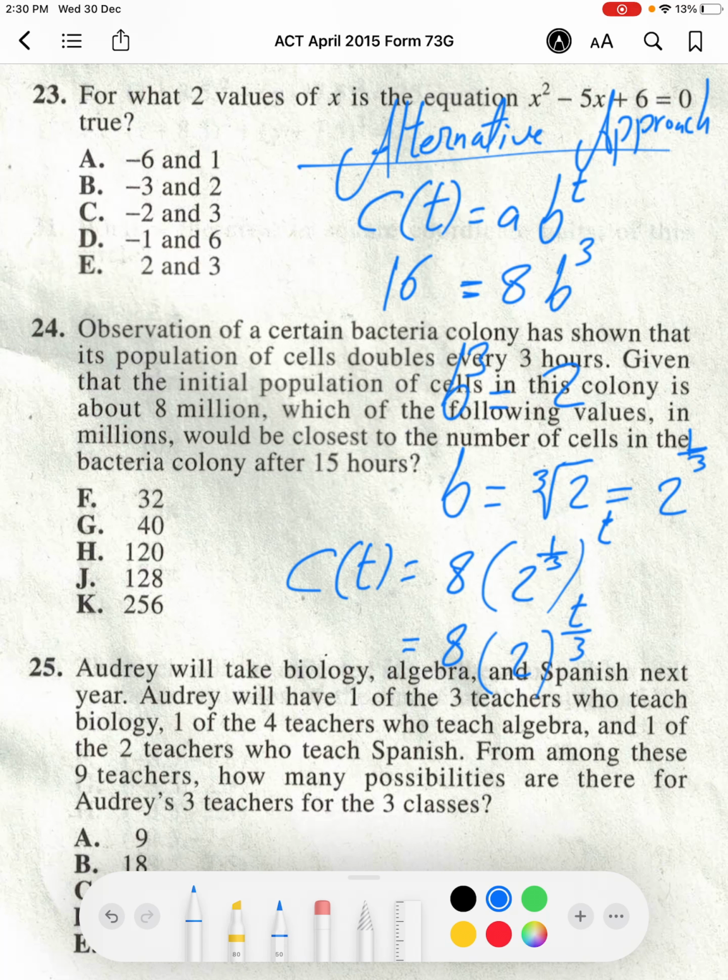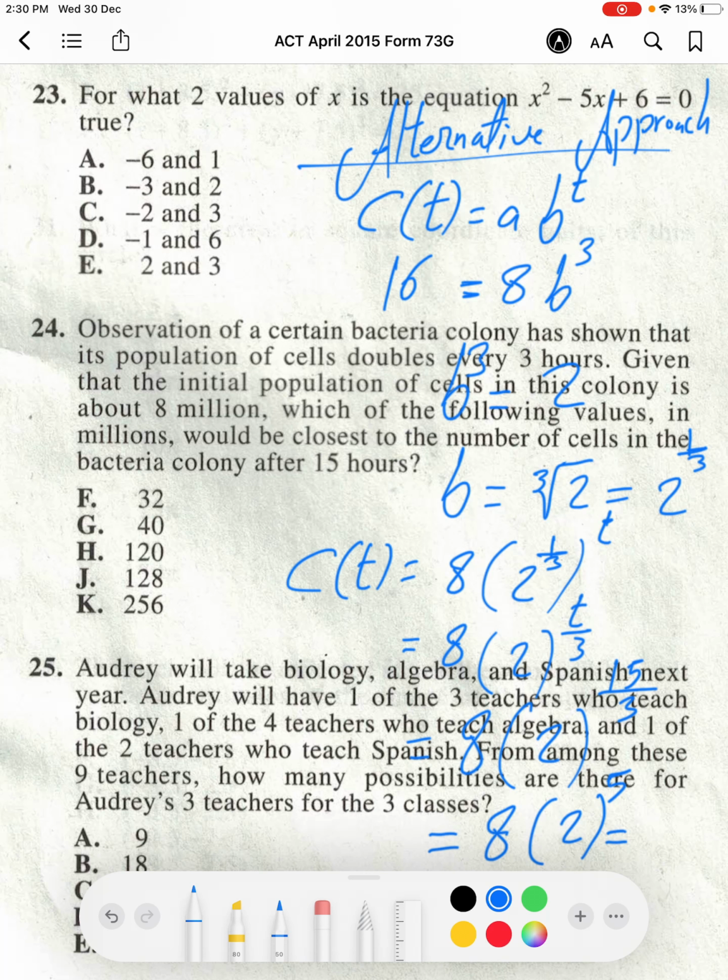Okay. To get the number of cells in the bacteria colony after 15 hours, you can plug in t equals 15. So C of 15 equals 8 times 2 power 15 over 3, which equals 8 times 2 power 5. 2 power 5 is 32.